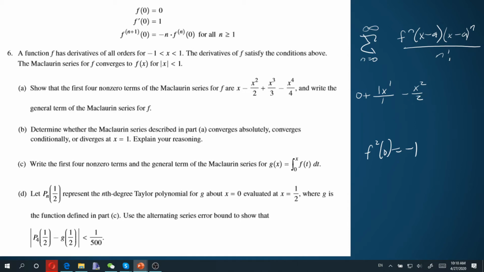Plus 2. 2 plus 2 is 2. Okay, it is 2. So 2/6, that's 1/3. Okay.